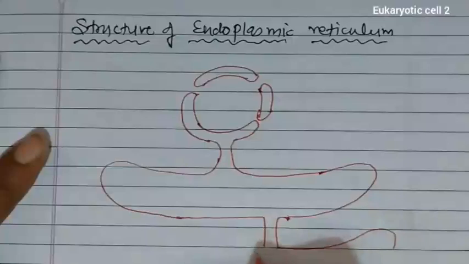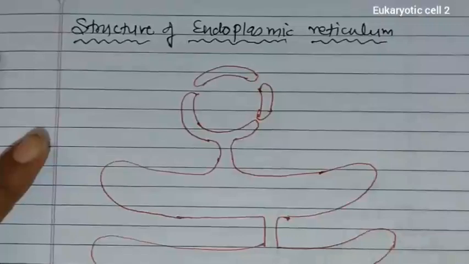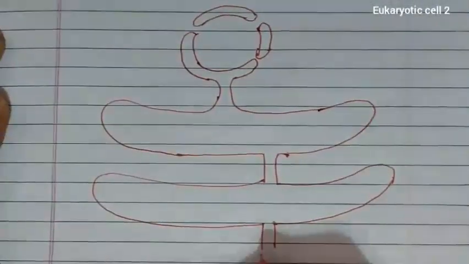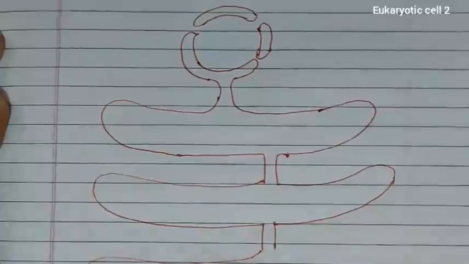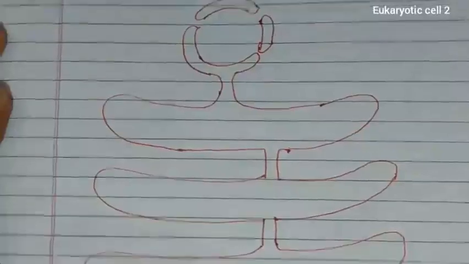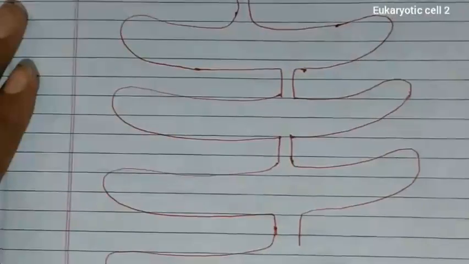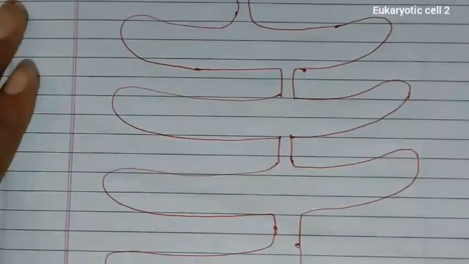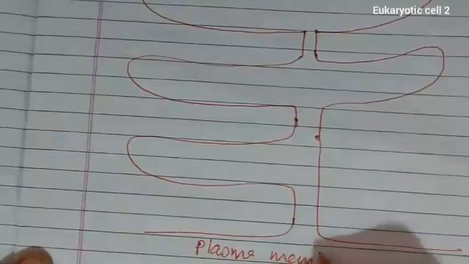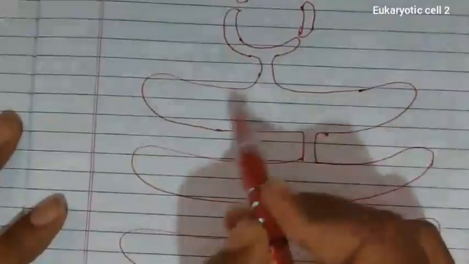This cisternae gets connected to another cisternae like this. Okay, and this continues till plasma membrane arrives. So it connects with plasma membrane at one end and originates from the outer layer.